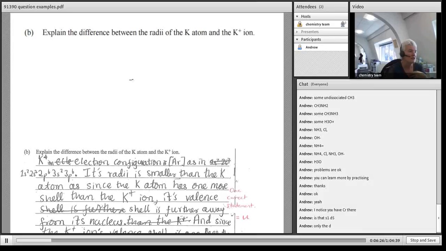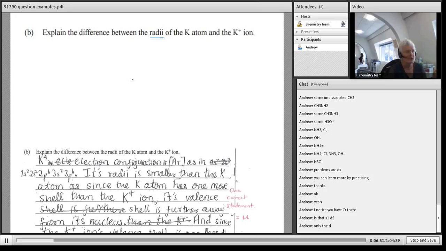So as an example, what you've got to do here, whenever you have anything to do with the periodic trends in any way, radii, electronegativity, ionization energy. What acronym have I used to try and help you remember what to write?